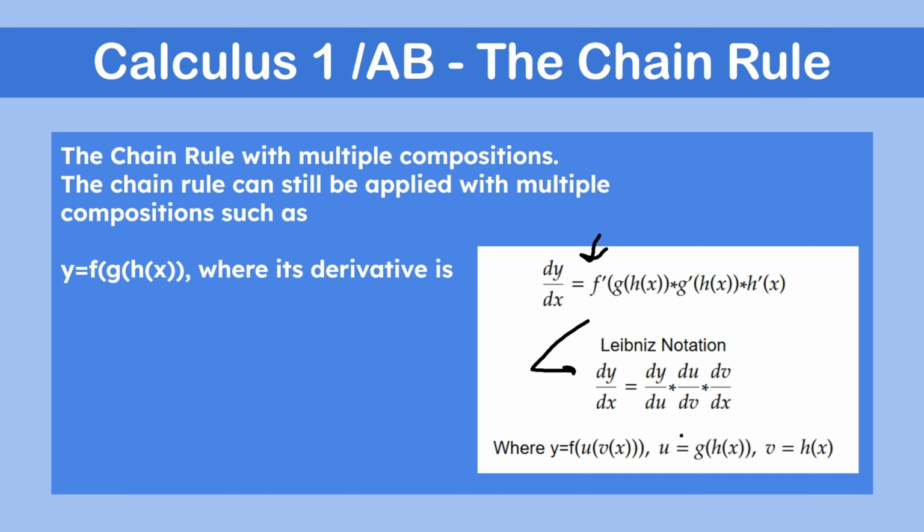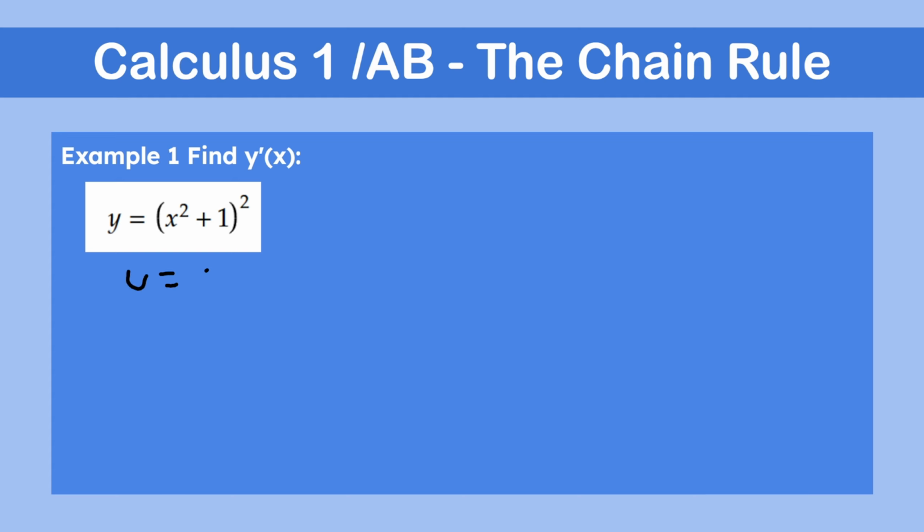So now let's do some practice problems. This one is really simple. Let's say that u is equal to x squared plus 1, and that f of u is equal to u squared. So we can do the power rule and take down the degree, giving 2 times x squared plus 1 to the power of 1.